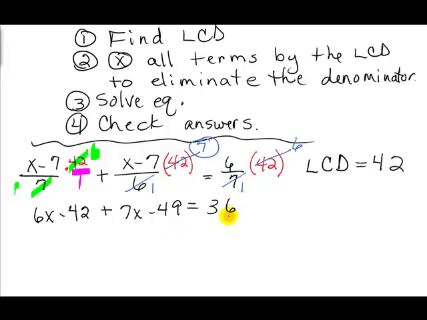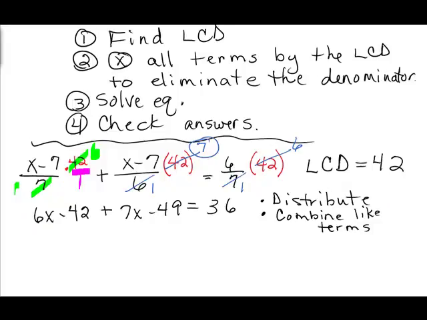Remember, the first thing we want to do here, if we have any, is distribute. But we don't have any distributing to do, so that's okay. Then we want to combine like terms, and we do have some like things that we can put together. So after we eliminate the denominator, we distribute if we need to, we combine if we need to, and in this case we do.